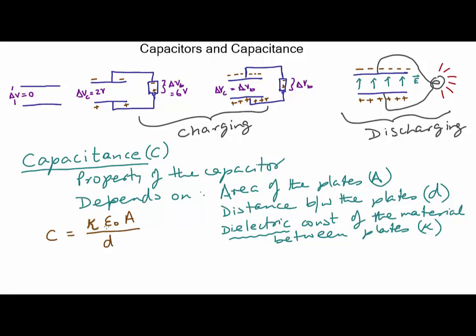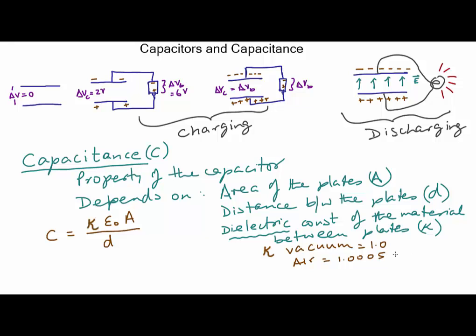Let's look at the different factors here. Kappa is this dielectric constant. It's a property of the insulating material that fills the gap between the plates. And to give you some examples, kappa for vacuum is 1.0 exactly. For air, it's very close to 1.0, but a slightly larger number, something like 1.0005.